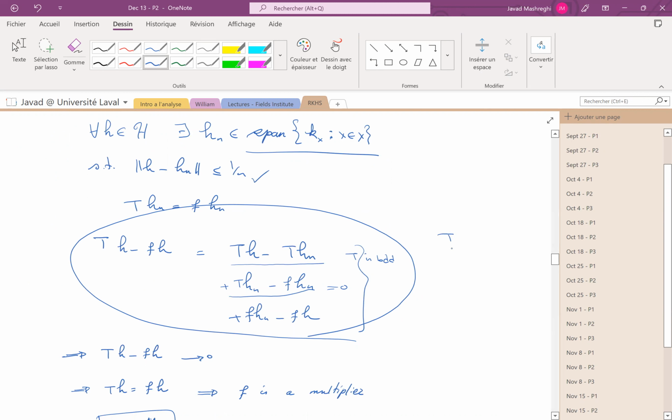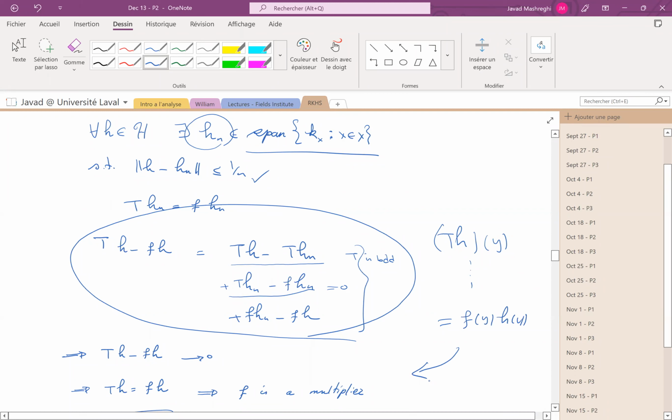I mean, evaluate Th at point y and do the limiting process based on hn to show that it's equal to f of y times h of y, and so the same conclusion. This is more straightforward, which is explained in the book, but I believe this one can be made precise too. But let's do it the way the book is done.